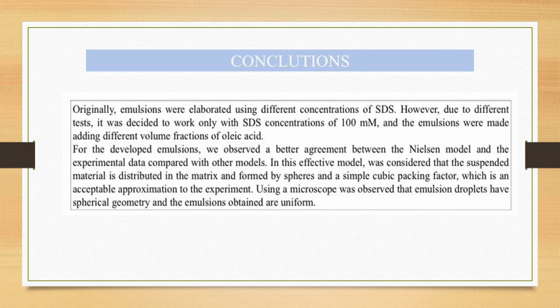But when we mix both, we can observe that the thermal diffusivity decreases when we add the oleic acid, and it means that oleic acid is a good material to decrease the thermal diffusivity of the emulsions, in particular in this case.